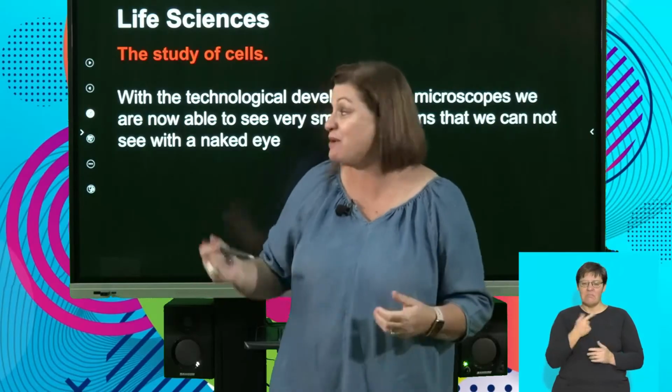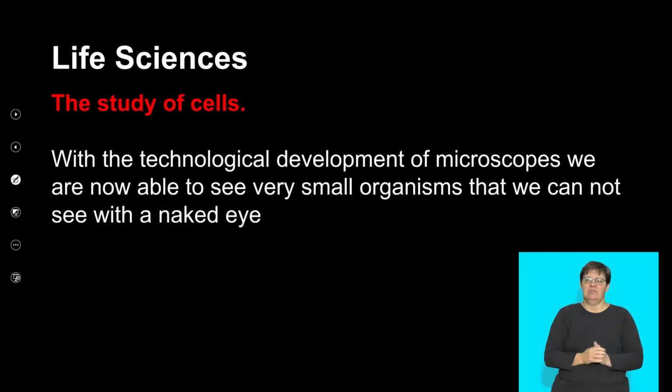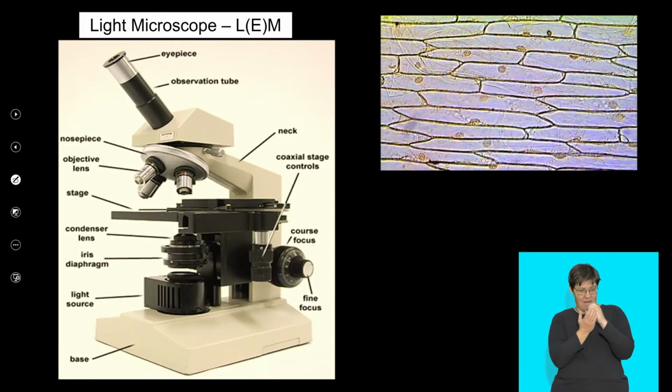Okay, so what am I talking about? When we talk about the microscope, maybe some of you in your classes are privileged enough to have a light microscope. I know I'm lucky enough, I have a few of these in my classroom, and the kids in my class are able to have a look at cells. The reason why I put this one up is because it's the first practical I do with my children in my class.